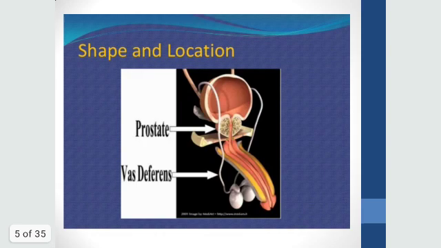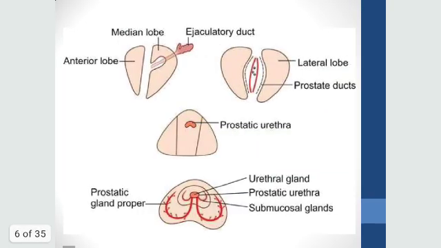Coming to the shape and location, this is the relation of the prostate with the surrounding structures. At the base is the bladder, neck of bladder, and the inferior part is in relation to the pelvic floor. So in the first picture we have the median lobe and the anterior lobe, the ejaculatory duct entering into the prostate.